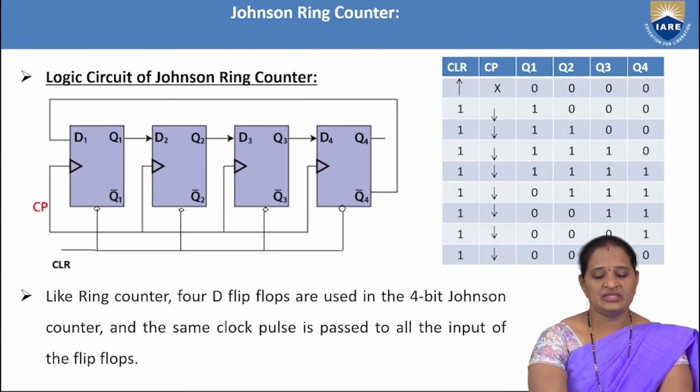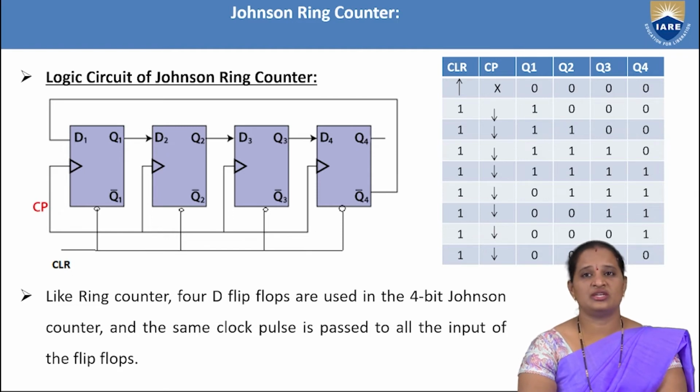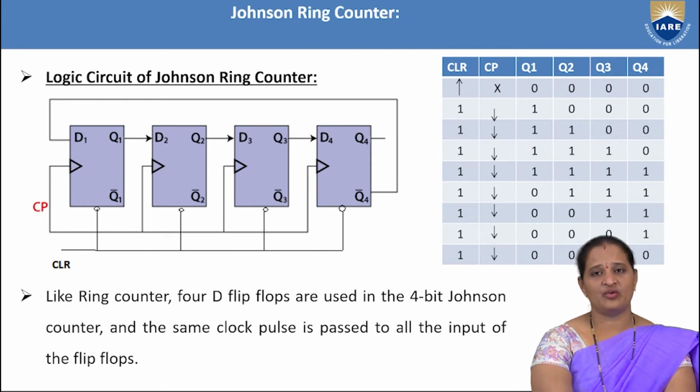This is the logic circuit of the Johnson ring counter. Again I am using D flip-flops, because I want to design a 4-bit Johnson ring counter, which is also called a twisted ring counter. So I'm using 4 D flip-flops.